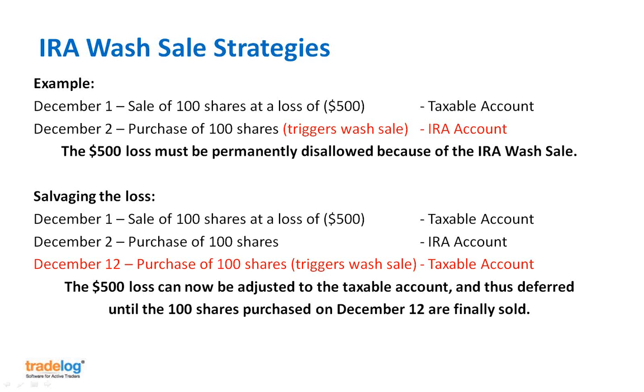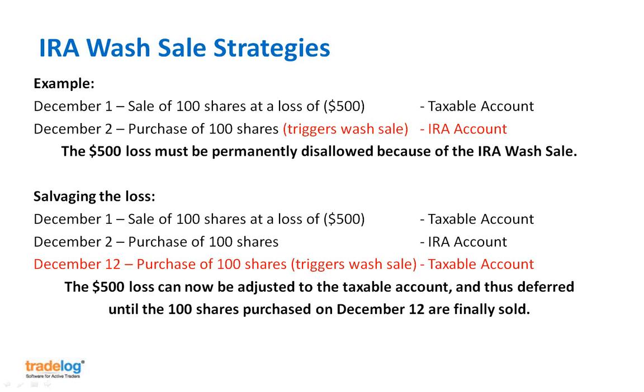Now, really either one of those can be a wash sale. Well, if we adjust the wash sale to the taxable account, what that allows you to do is keep that $500 loss. You simply defer it until you finally sell those shares that were purchased on December 12th. And in essence, we're able to avoid an IRA wash sale situation.